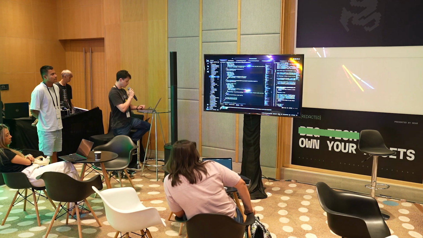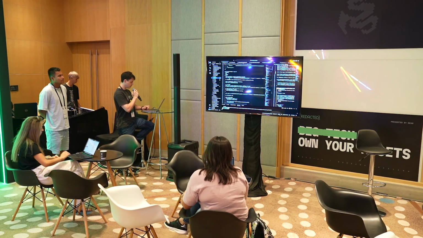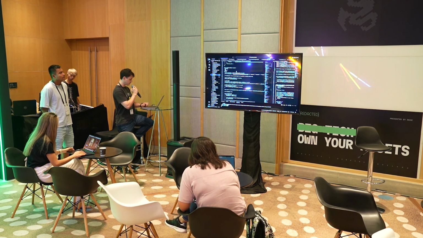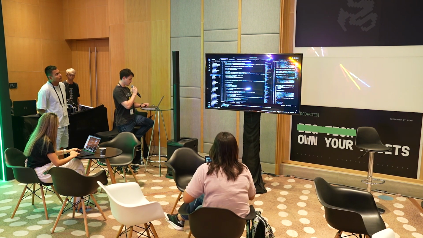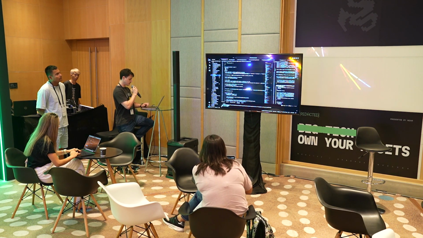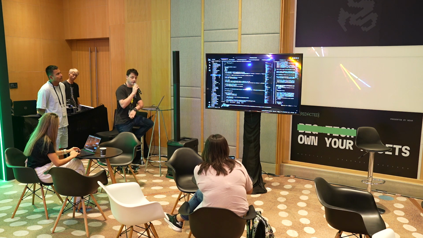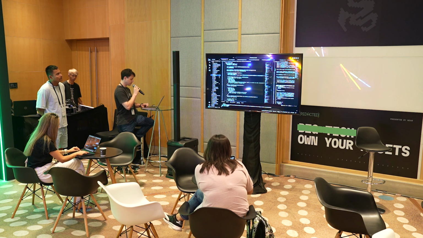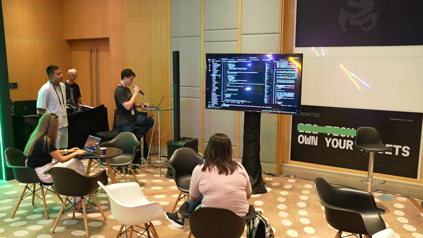So right here, this is where it constructs the Bitcoin PSBT. And it first gets all of the Bitcoin wallet's UTXOs, and then it assigns all of the inputs and outputs of the Bitcoin transaction.